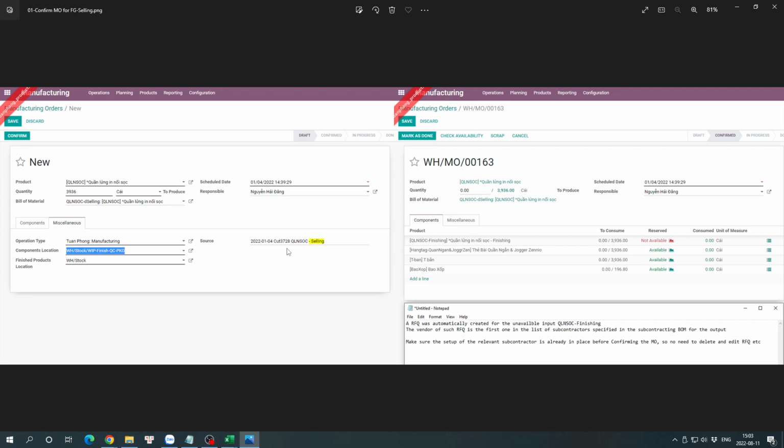And as you can see, we are going from the end to the beginning of the production flow when it comes to Odoo data entry. We create this MO for the final product first, and then it would trigger other purchase orders for subcontractors or manufacturing orders upstream to the level where you trigger demand for raw material. So we're going backward.